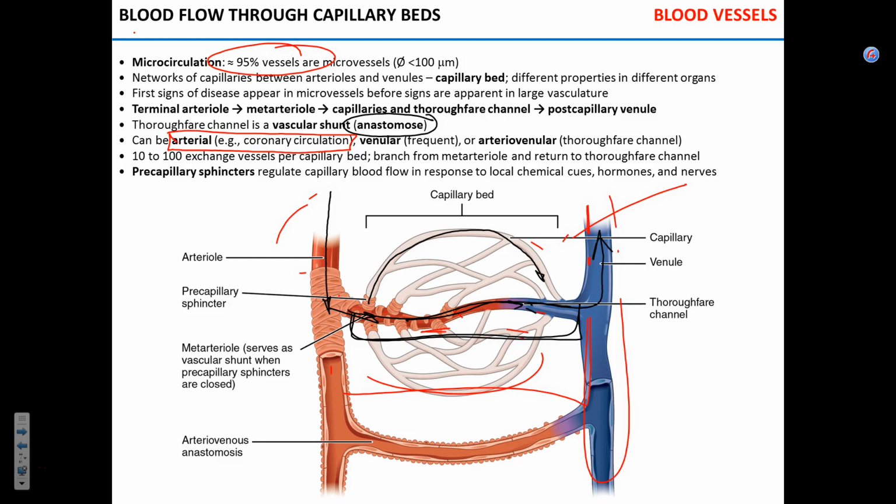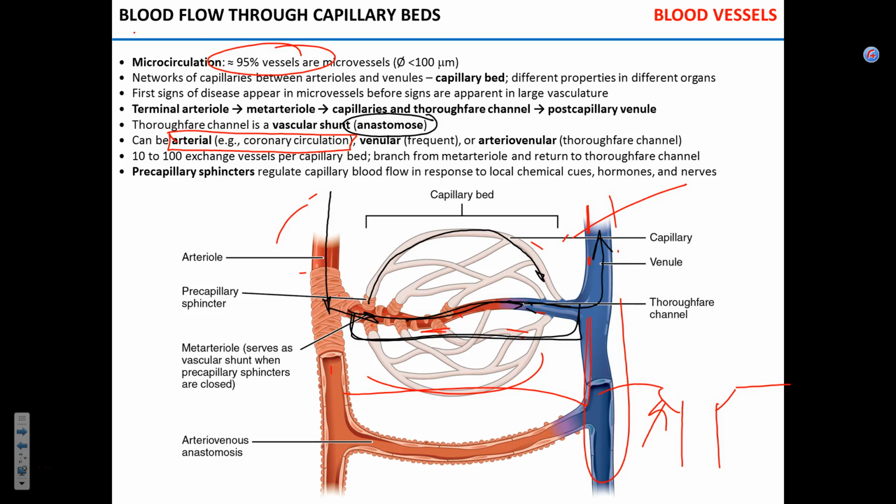If you remember even vaguely the cerebral circulation, the circle of Willis, the anterior and posterior communicating arteries are essentially arterial anastomosis. Posterior communicating arteries are anastomosis between the posterior cerebral and middle cerebral arteries.